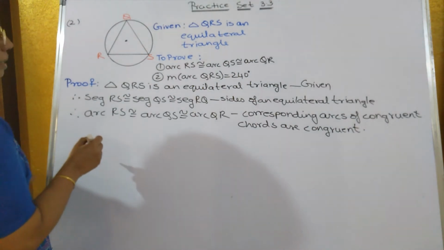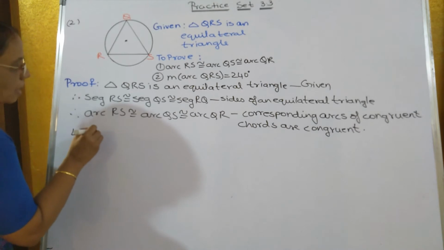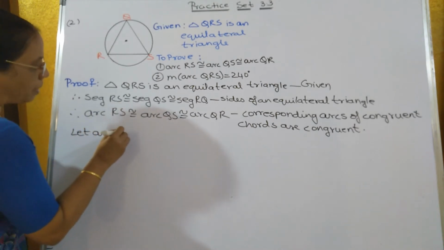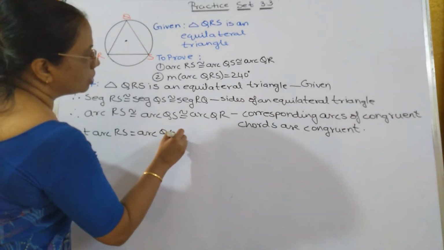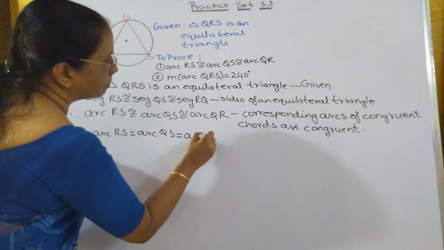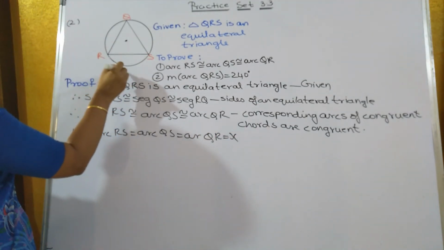Now let us take this all equal to x. So let arc RS be equal to arc QS be equal to arc QR be equal to x. So let us take the value of each arc as x.